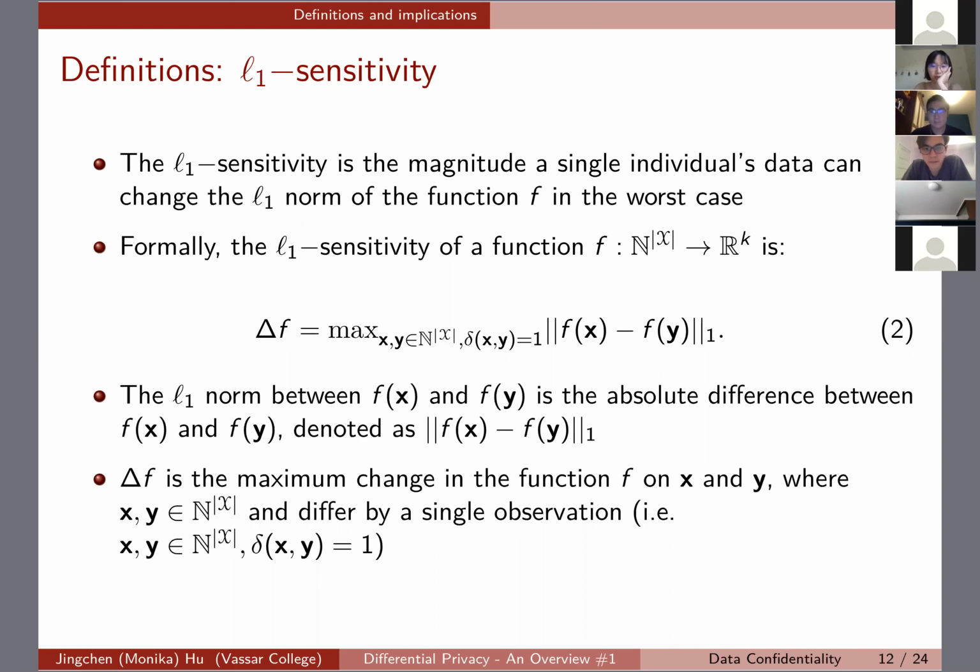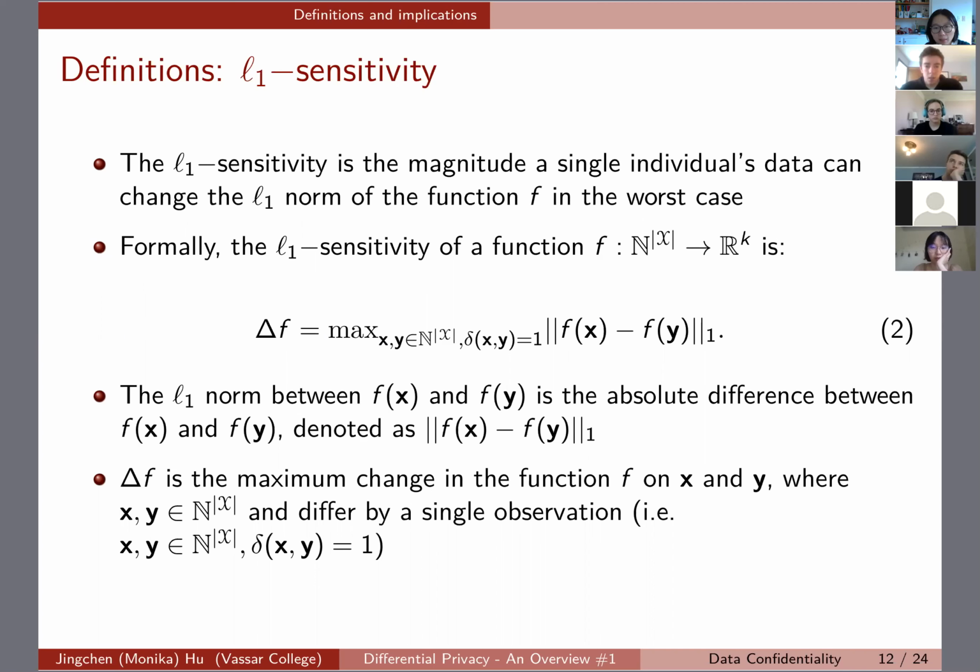Remember, f is the count of rural CUs. Think about what the maximum difference between f(x) and f(y) would be if my X differs from Y by only 1 record. Things might sound a little abstract, but bear with us. As we go through a couple more examples, things will become clearer.